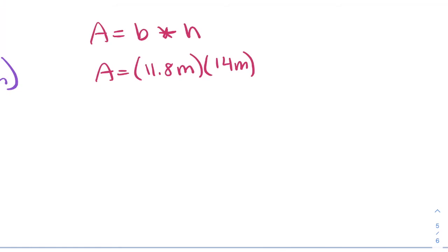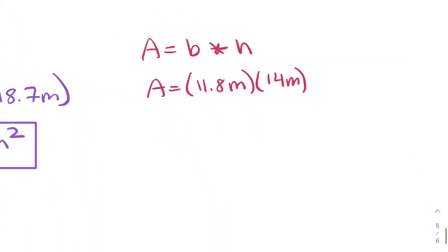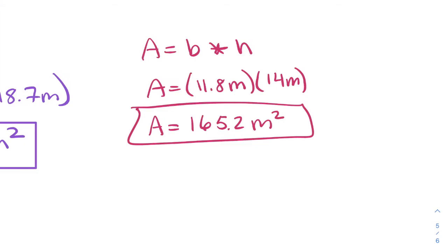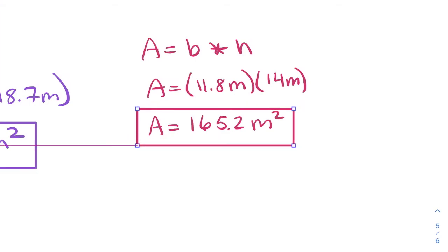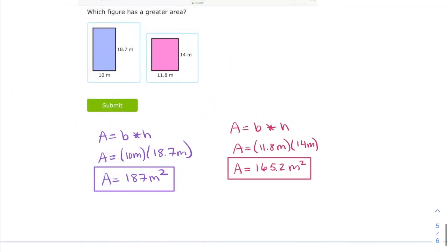So 11.8 times 14 is 165.2 meters squared. So which one has more?